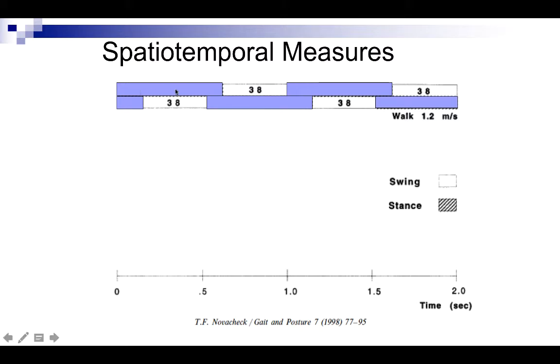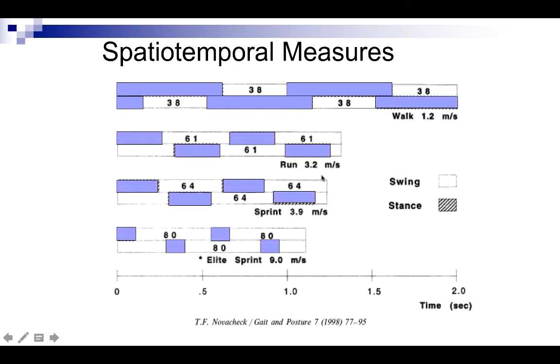And here we see in the blue stance phase and the white swing phase for walking, 60-40 split approximately with a period of double support here. We contrast that with different running speeds from a recreational to a sprint to an elite sprint.